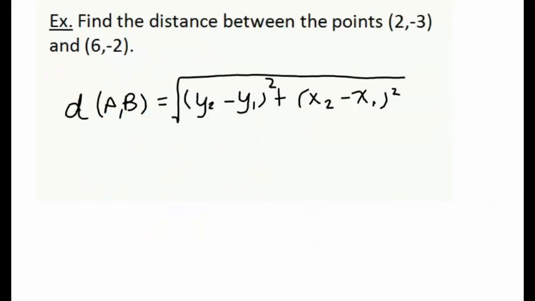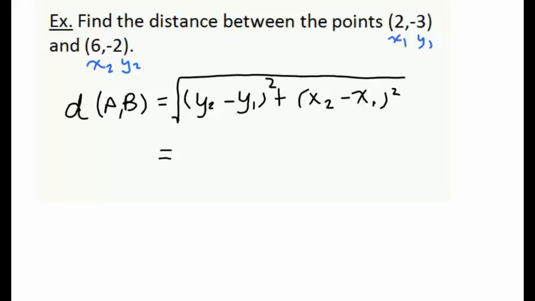Let's find the distance between the 2 points 2, -3, and 6, -2. In order for us to use the distance formula that we created on our last slide, we need to figure out which numerical values are going to be x1, x2, y1, and y2. So let's call this first point 2, -3, with coordinates x1, y1, and we'll call this second point x2, y2.